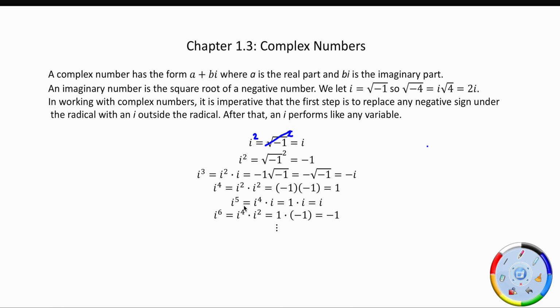i to the fifth, we can rewrite as i to the fourth, which we see from above is 1, times i, so notice we're back to just i. i to the sixth, we can write as i to the fourth, because that's 1, times i squared, -1, or -1.